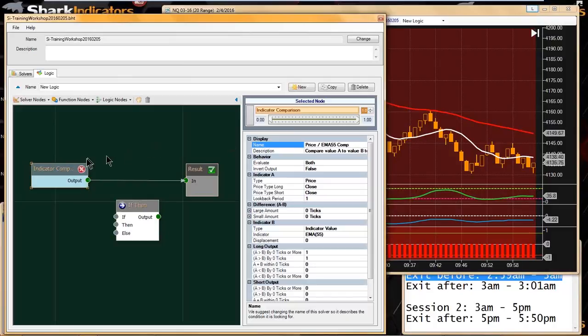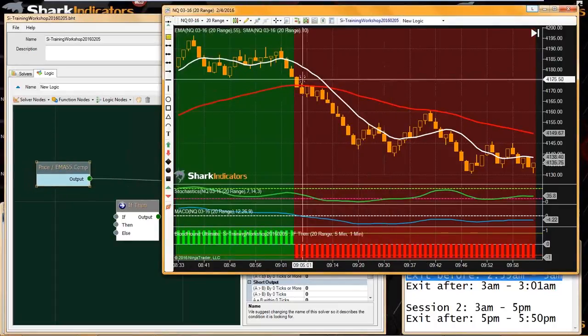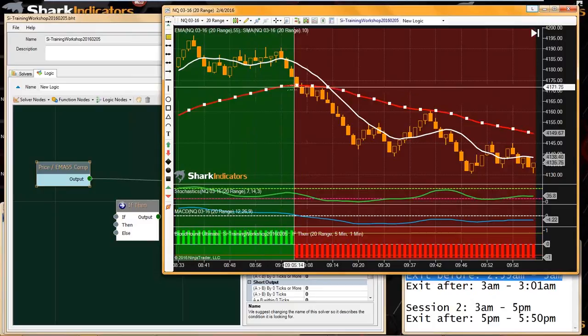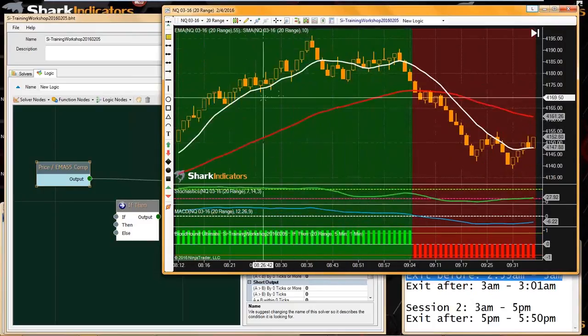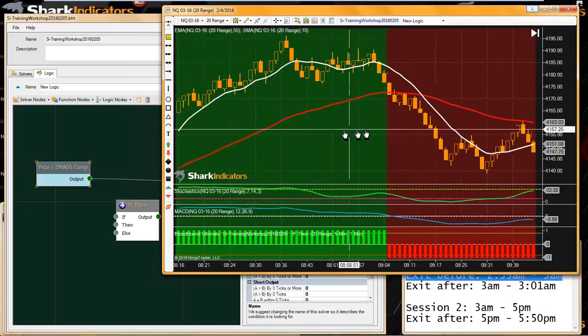All right. So I've got this very simple trend logic here. If price is below our EMA, then we're in a short trend. If price is above, then we're in an uptrend.